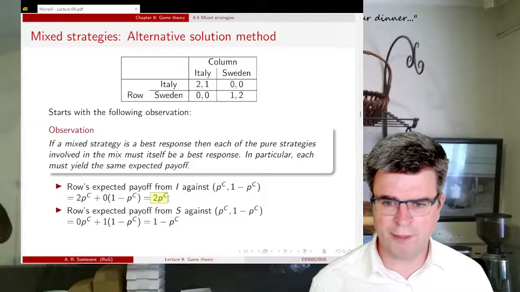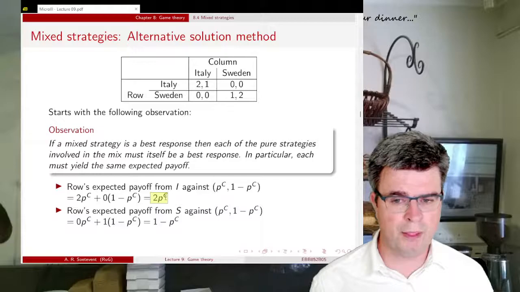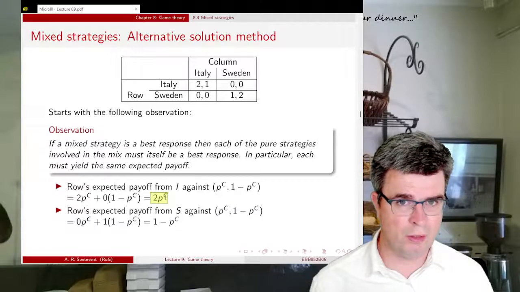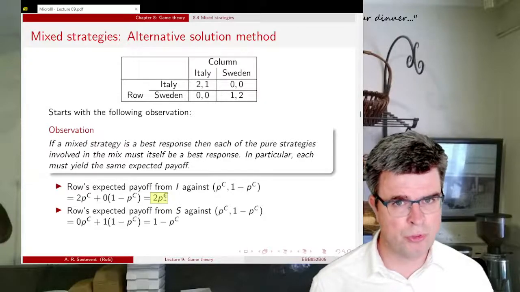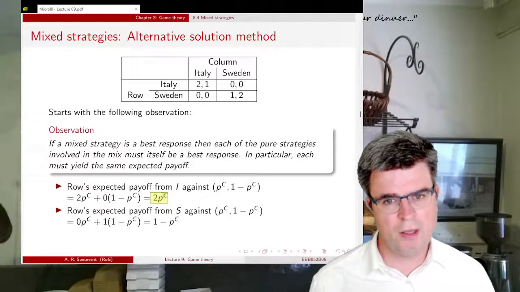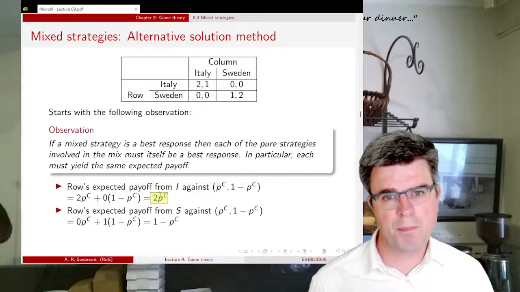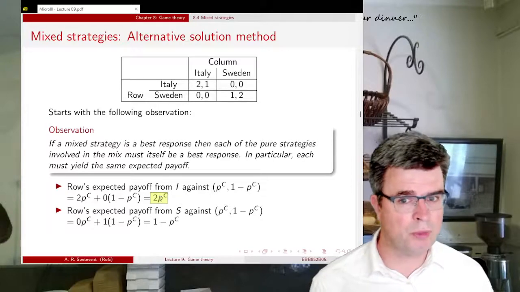So simplifying, if the row player chooses Italy with certainty, then his expected payoff is equal to 2 times PC. Now, what about the other pure strategy, going to Sweden?